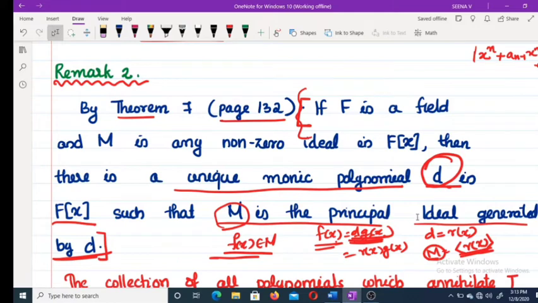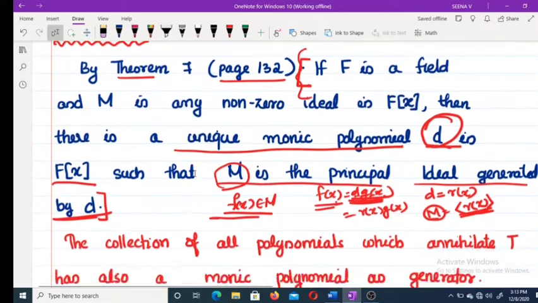Here N, the collection of all polynomials which annihilate T, is an ideal in F[x]. Therefore, by this result, N also has a unique monic polynomial d as a generator.